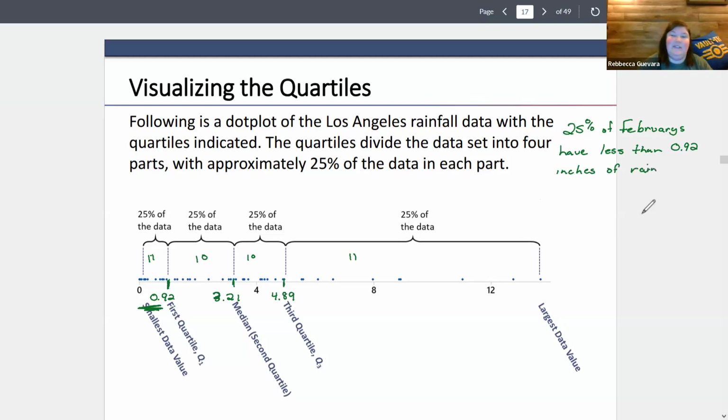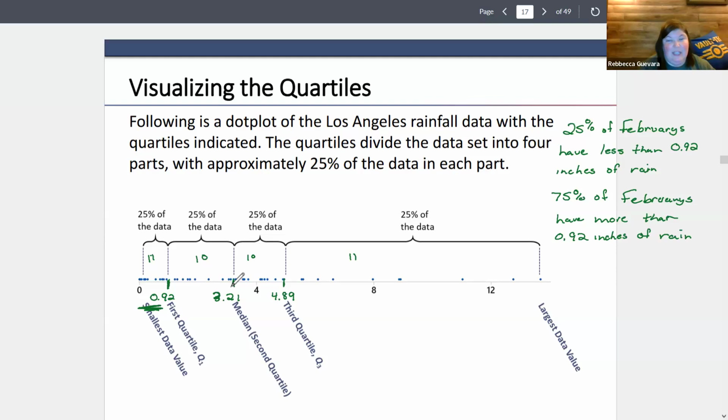It also tells me that 75% of Februarys have more than 0.92 inches of rain. So that's for that whole month.